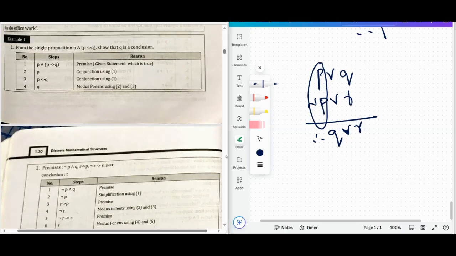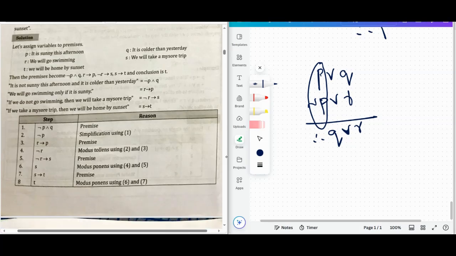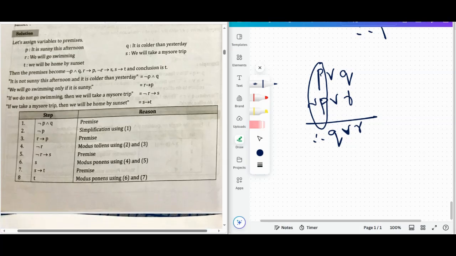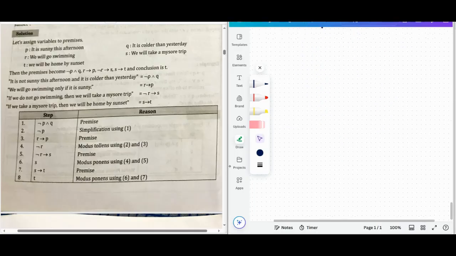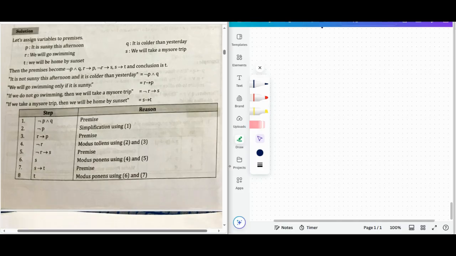For example, they have given one problem here. We'll just try to simplify this problem. See here, one problem is given. The question is, let us assume that the variables are premises. P: it is sunny this afternoon. Q: it is colder than yesterday. We will go swimming.